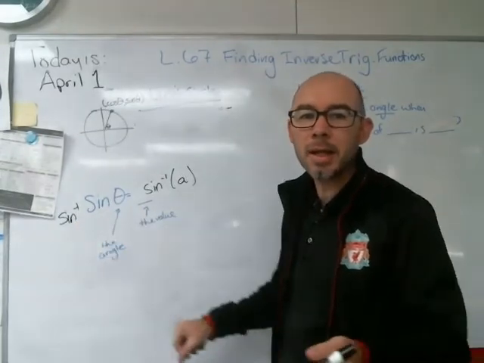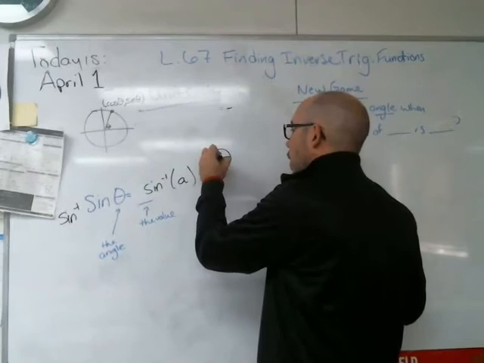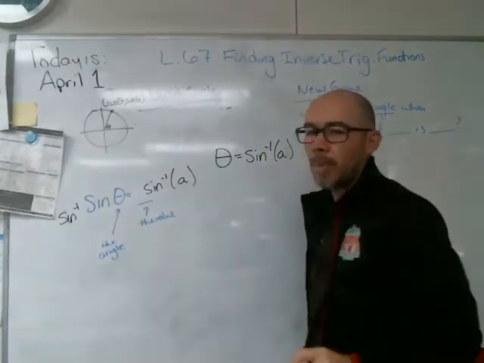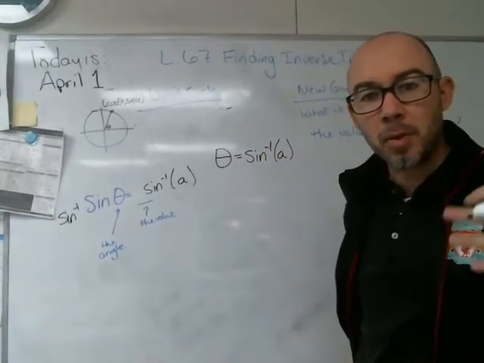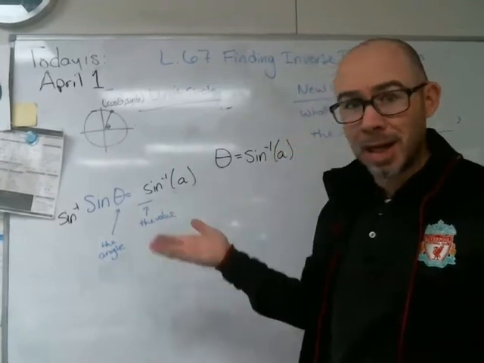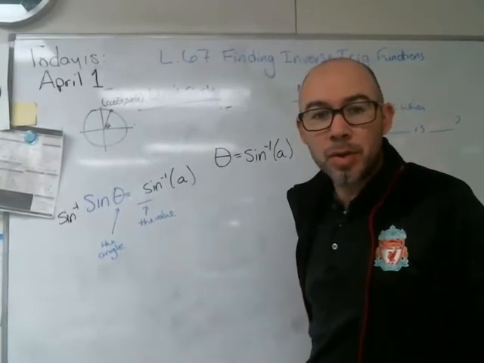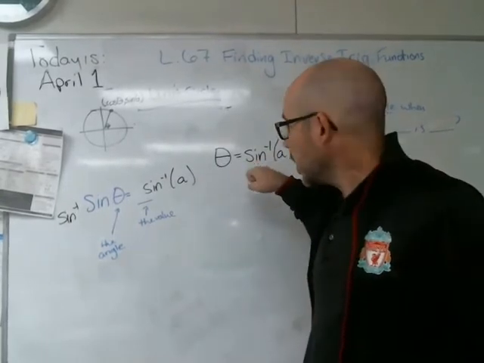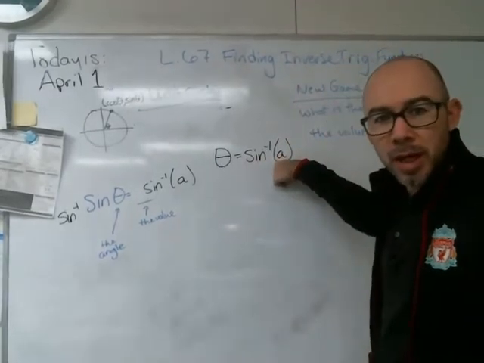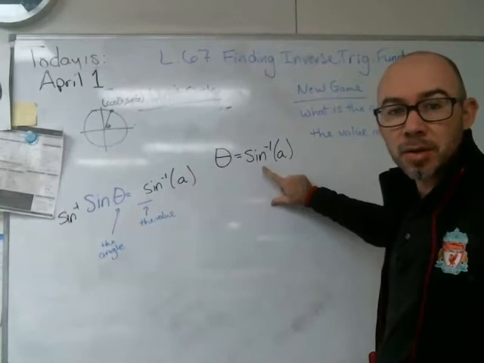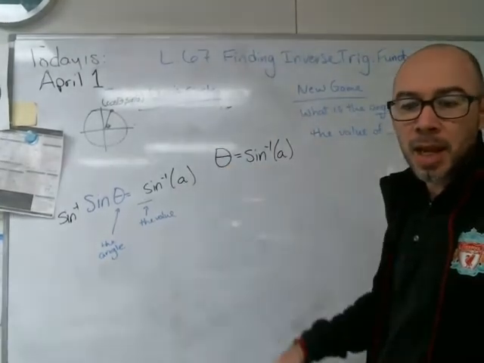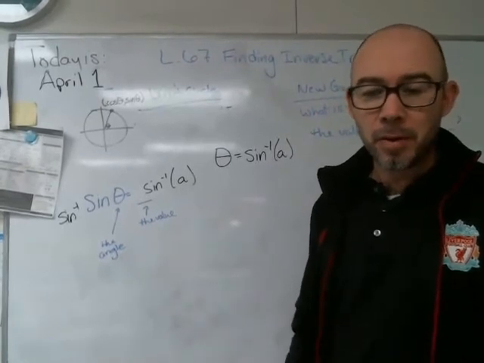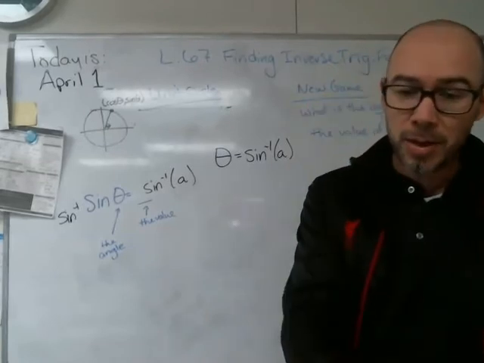That gives us the equation theta is inverse sine of A, with A being a value like 1/2 or square root of 3 over 2 or negative square root of 2 over 2. So our input is a value into an inverse sine or cosine function, and out come angles, sometimes one angle, sometimes two angles, off the unit circle. We're just playing that game backwards.